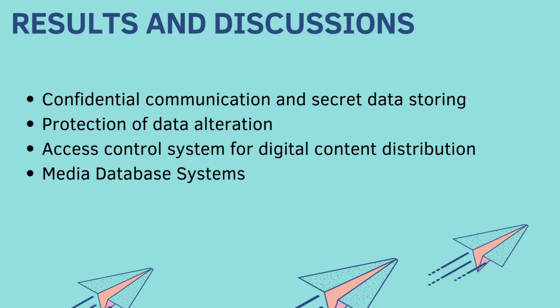The second application we have is protection of data alteration. Here we take advantage of the fragility of the embedded data. One example is an information alteration protective system such as a digital certificate document system.